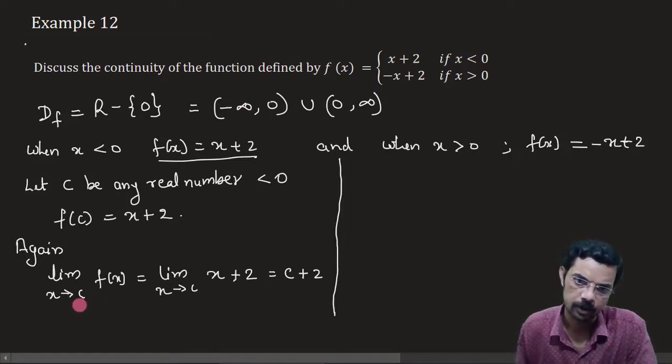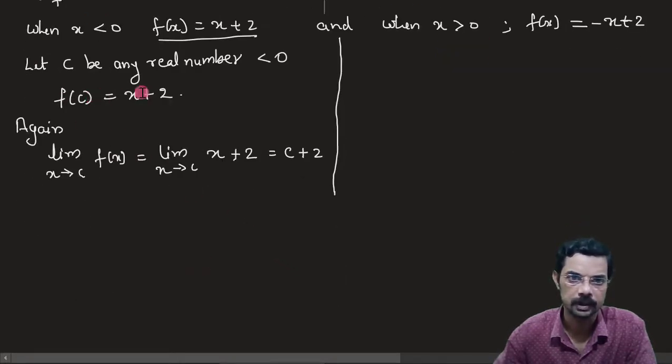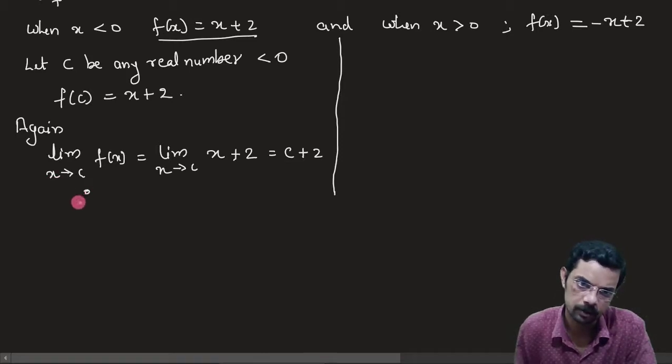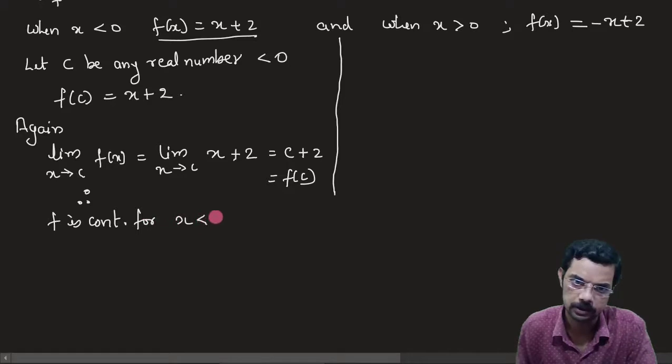Therefore, for all negative numbers f of x is continuous, because we can see that the limit is equal to x plus 2, which is equal to f of c. Okay, so therefore f is continuous for x less than 0.